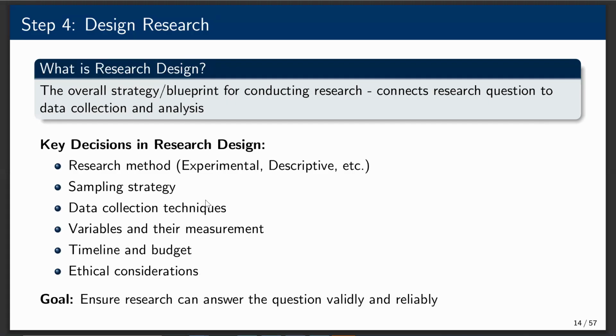You should be very clear regarding the data collection techniques, variables and their measurement, timeline and budget, and ethical considerations. These are very key decisions in research design. So the goal here is to ensure research can answer the question validly and reliably.